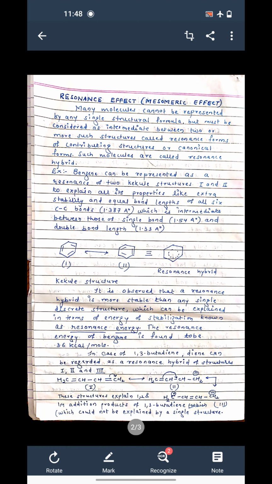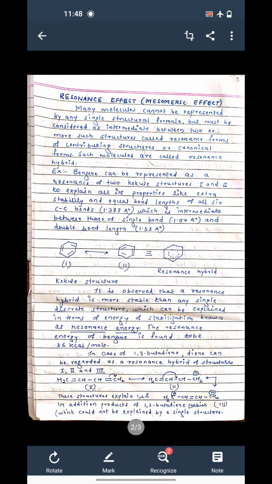It is neither 1.54 angstrom for a single bond nor 1.34 for a double bond, but an intermediate between the two. It means the pi electrons are not fixed, they are delocalizing, and therefore we get a new structure, that is resonance. We call it a resonance hybrid.